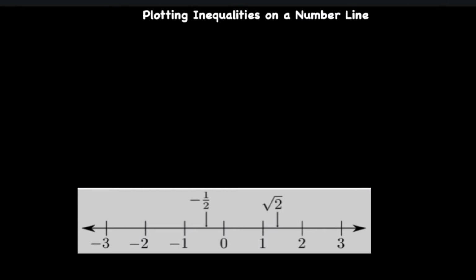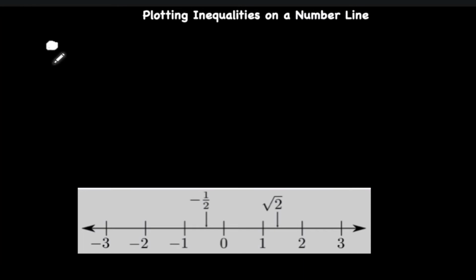So we can graph inequalities on number lines. And as a refresher, the numbers to the right of 0 are always positive, whereas the numbers to the left of 0 are always negative. All right, and when graphing inequalities on the number line, we use closed circles as well as open circles. So closed circles will indicate inclusion. That means the numbers are included, okay?